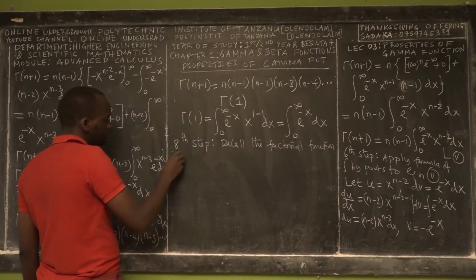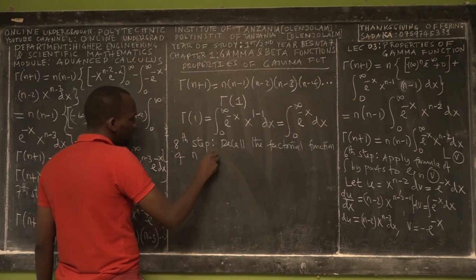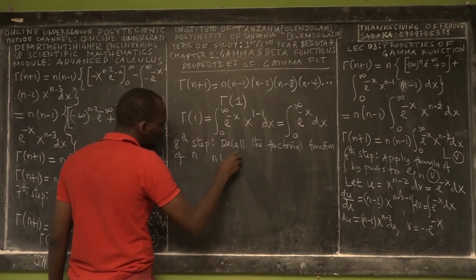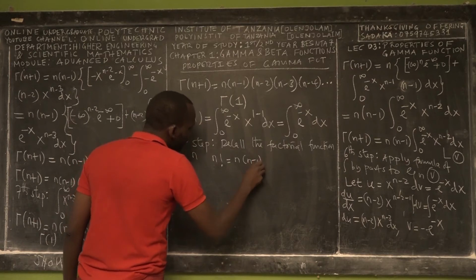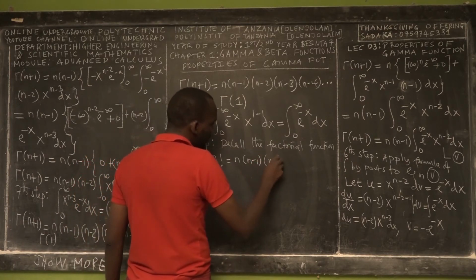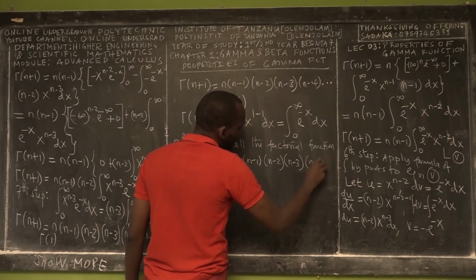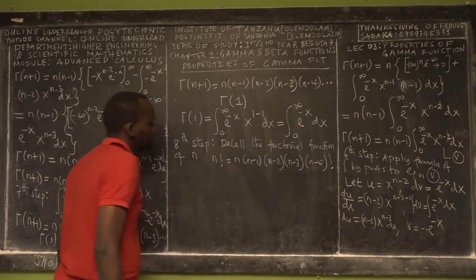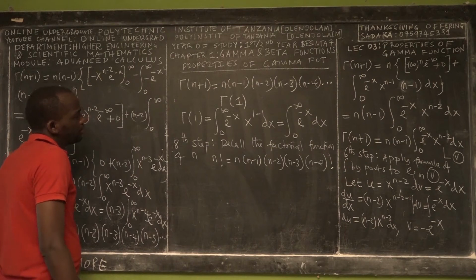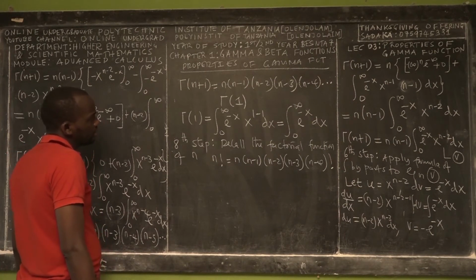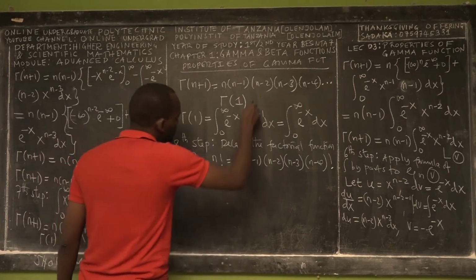Factorial function of what? Of n. And n factorial is equal to n times n minus 1 times n minus 2 times n minus 3 times n minus 4 factorial. So if that's the case, we can substitute.